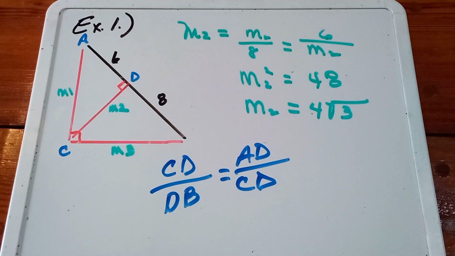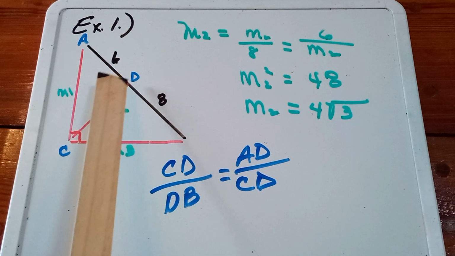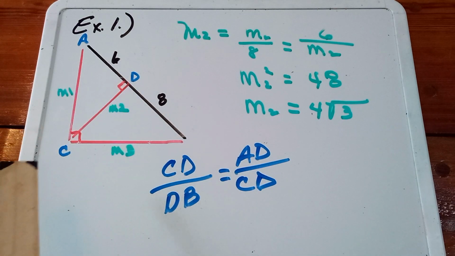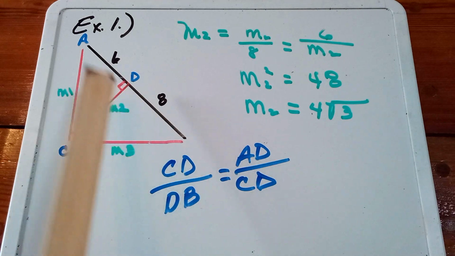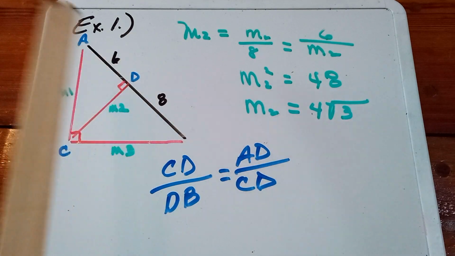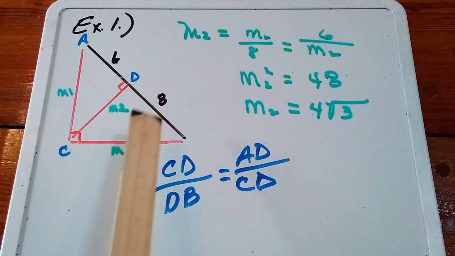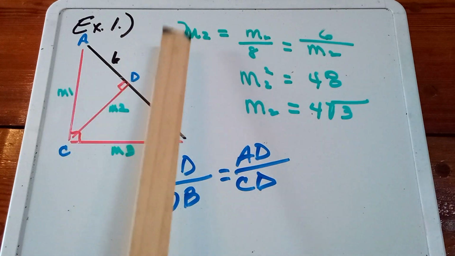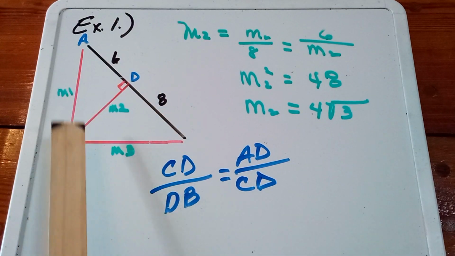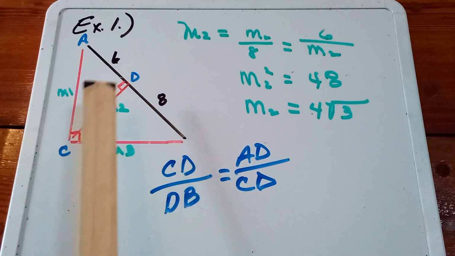Okay, guys, last example from example 1. Now we'll be solving for this leg here, because it's done basically the same way. It just uses different distances. It uses these two legs versus a long leg and a short leg. Here's our setup. CD, which I'm calling M2, is equal to CD squared.